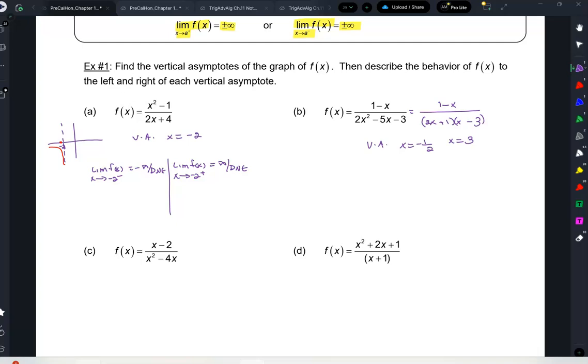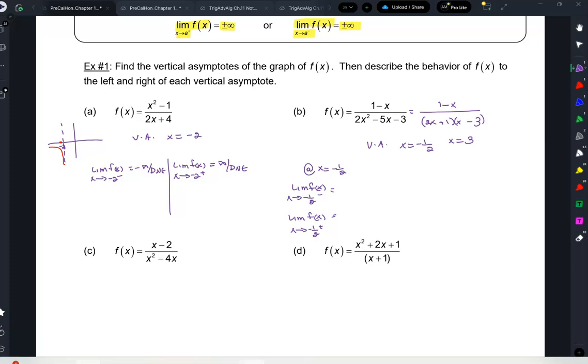we want to describe the behavior, right, from the left and from the right. So limit of f of x as x approaches negative a half from the minus side, limit of f of x as x approaches negative a half from the plus side, right?